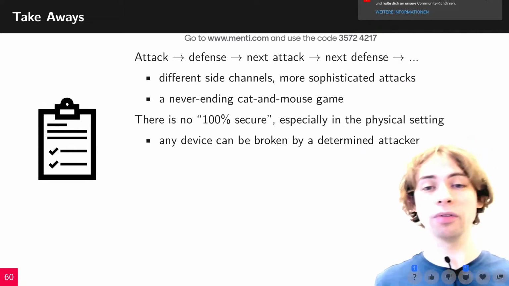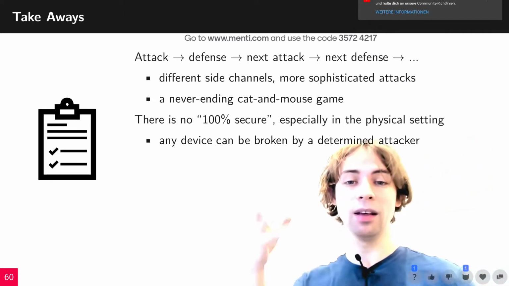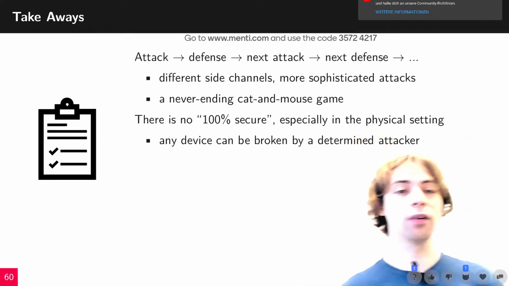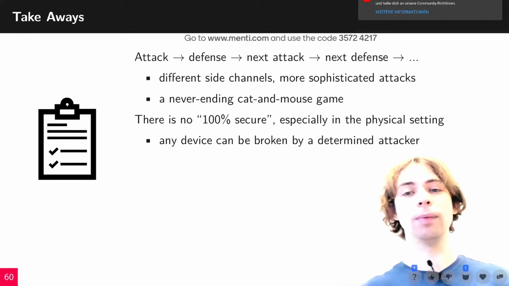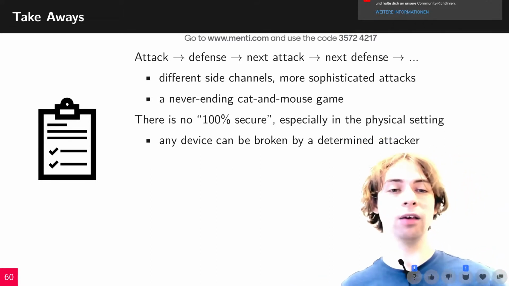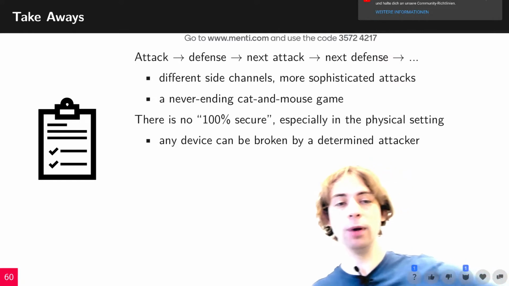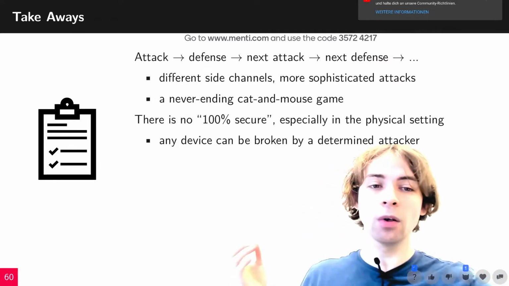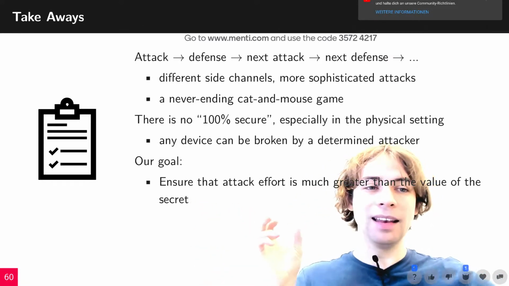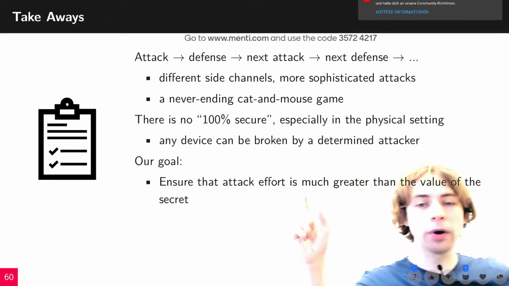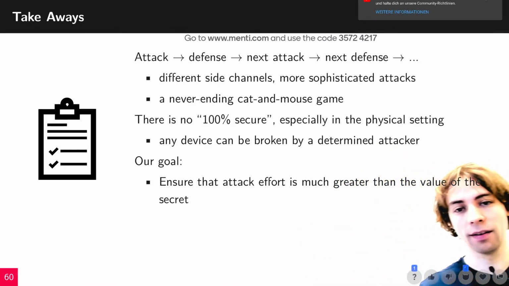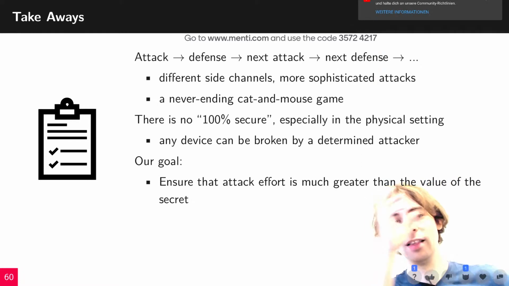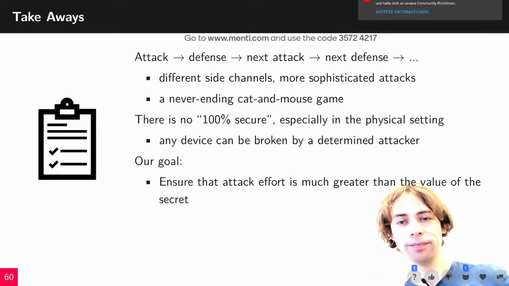The user controls the device. Any device can be broken by a determined attacker. So instead of saying, well, we make a device 100% secure, we can say we want to make the device so secure that attacking it is more expensive than the secret has value.